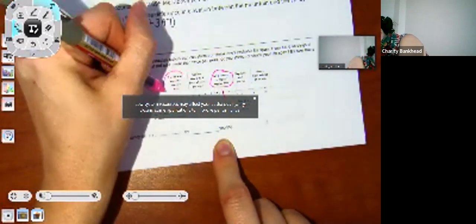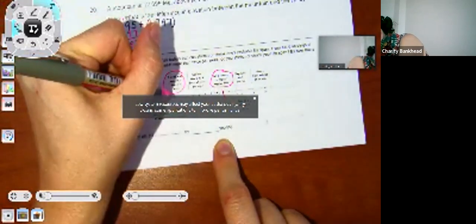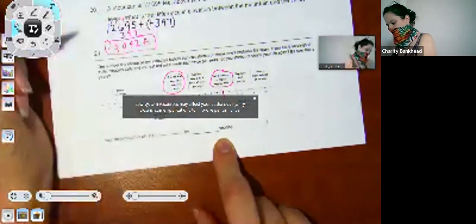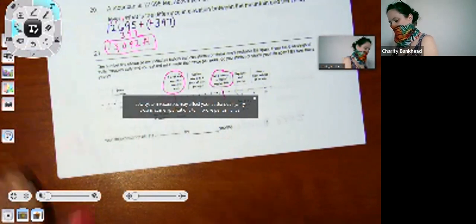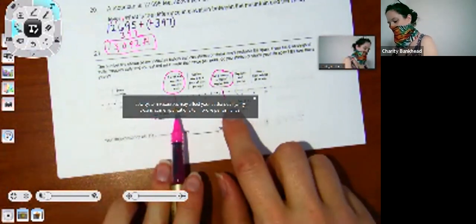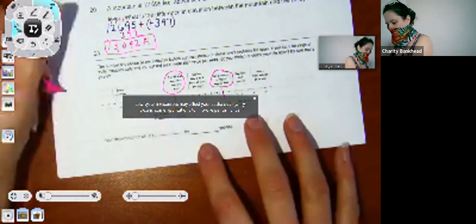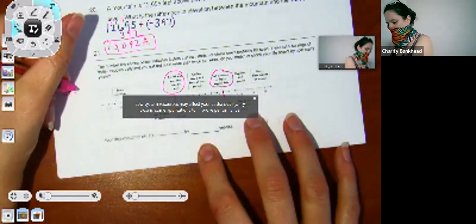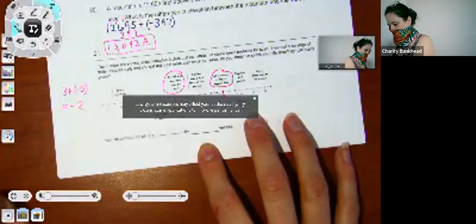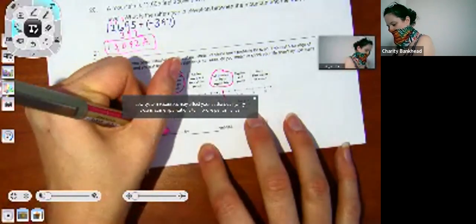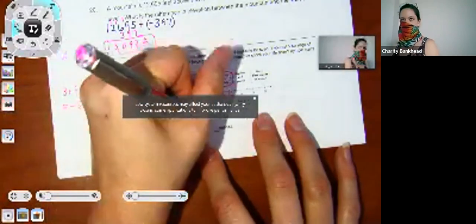Eat red meat more than twice per week is at negative 5. You're basically adding those together. 3 plus negative 5 equals negative 2. So you'll actually shrink your lifespan by 2 years.